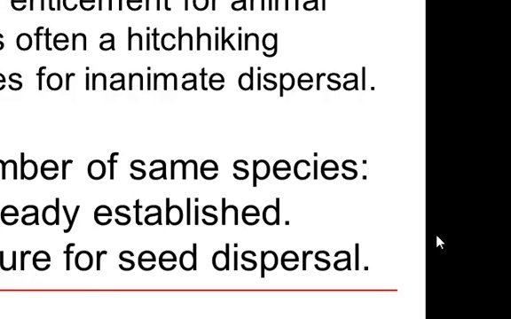Now, to understand the importance of dispersing the seeds, let us just think for a moment about competition. Who is the best competitor for a member of a species? It turns out that the best competitor is a member of the same species.